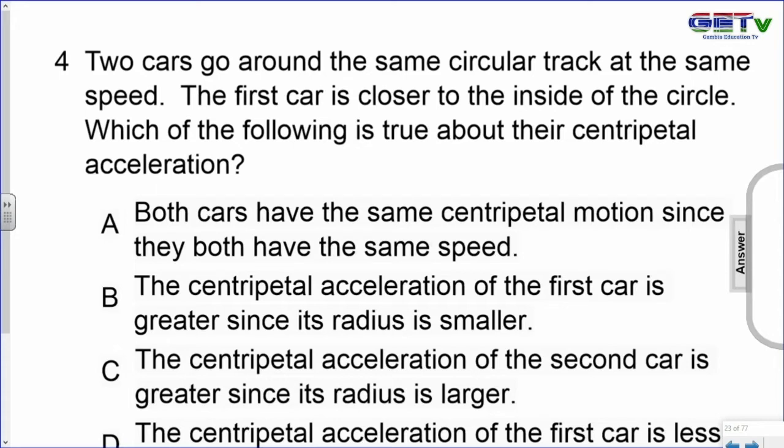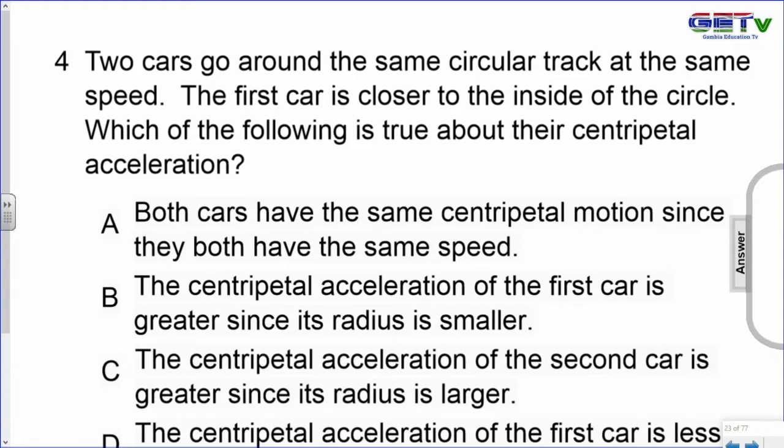Now let me give you a hint before you answer this question. If you look at my derivation, we obtain that the centripetal acceleration a_c is v squared all over r.